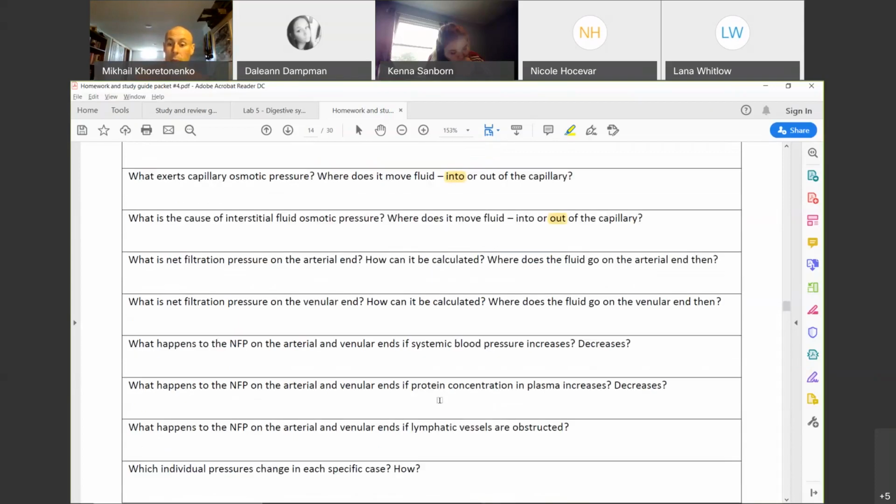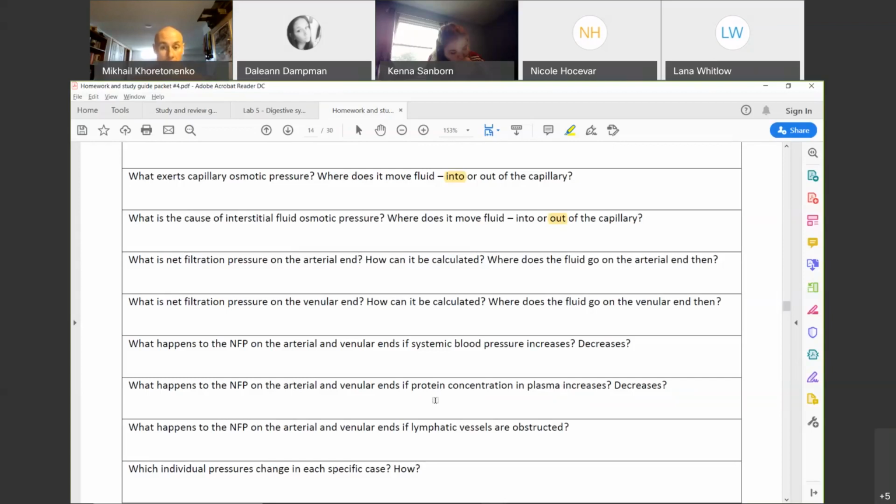Protein concentration in plasma. When protein concentration in plasma increases, capillary osmotic pressure increases, and that drives more fluid back into the capillaries, essentially decreasing NFP on both arterial and venular ends.